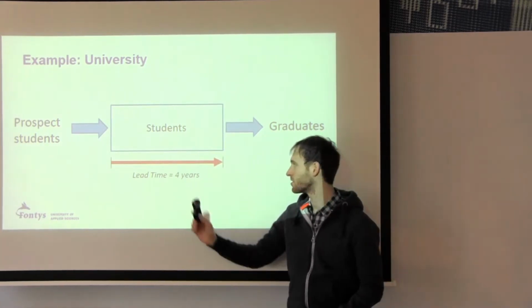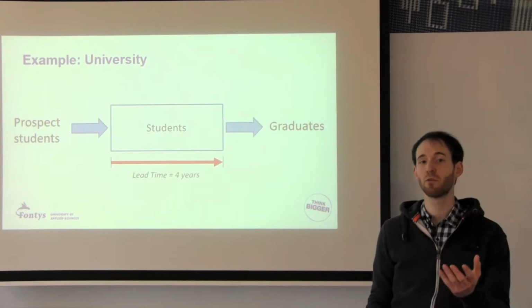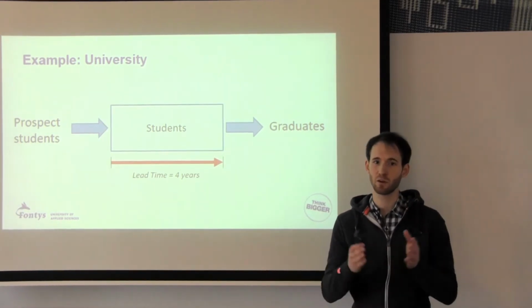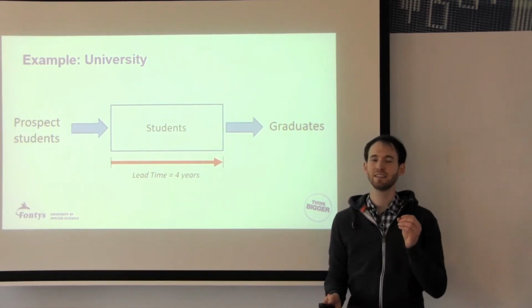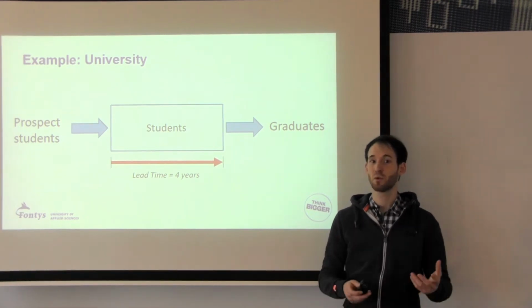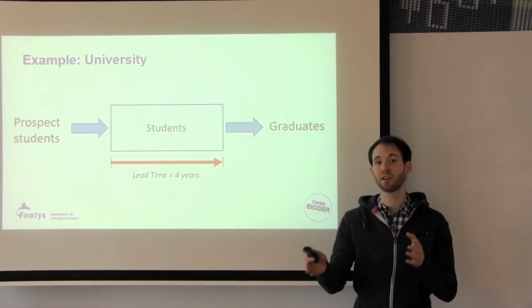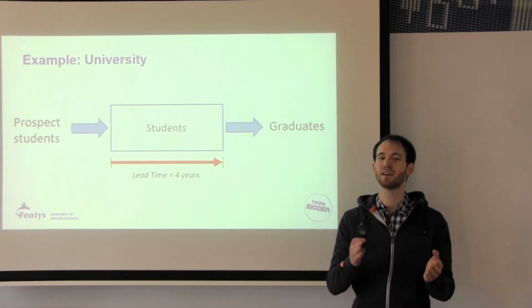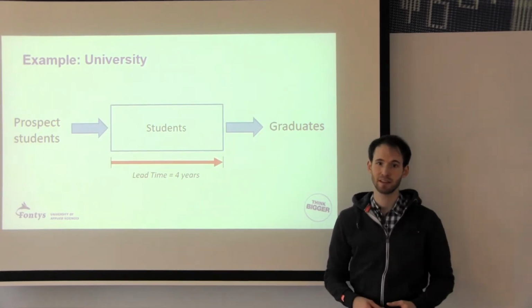Your lead time is 4 years, because basically you need 4 years, hopefully only 4 years, to finish your studies. So that's the whole time. But now the question is, what is the cycle time for a student? Well, the cycle time actually is 1 semester, because every semester we are getting graduates. Every semester students finish university, so cycle time is every semester.